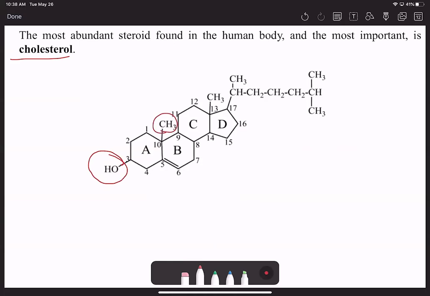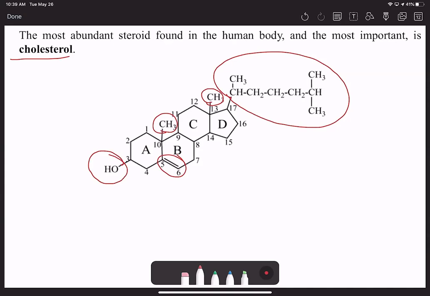There's a methyl group here, another methyl group. I have a double bond over here, and I have this big alkyl group over here. And this is what makes all of our steroids different: the number of substituted groups, the number of bonds, the number of functional groups that we can put onto different steroid ring systems. And that's what identifies each one of these as being unique.